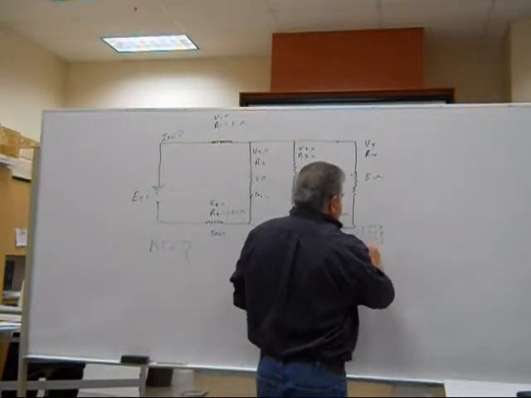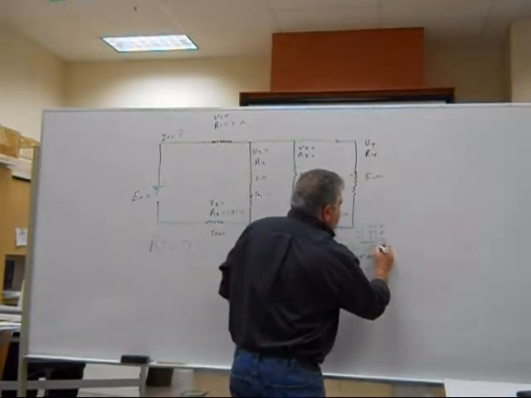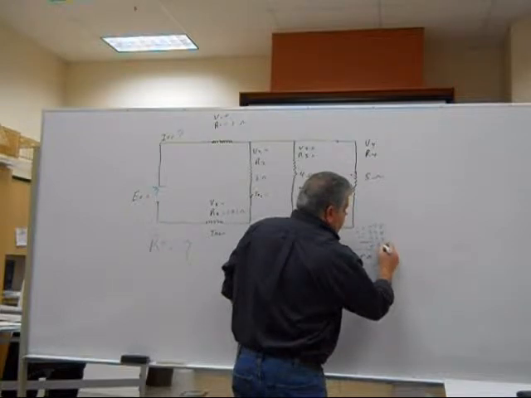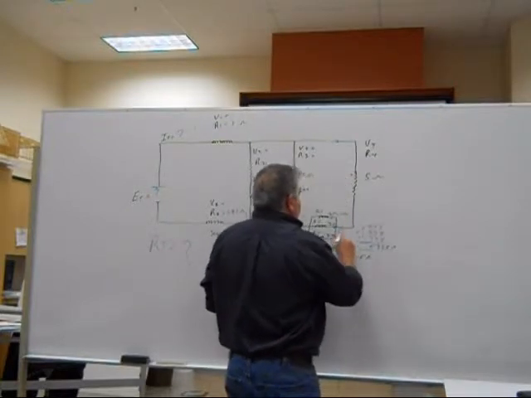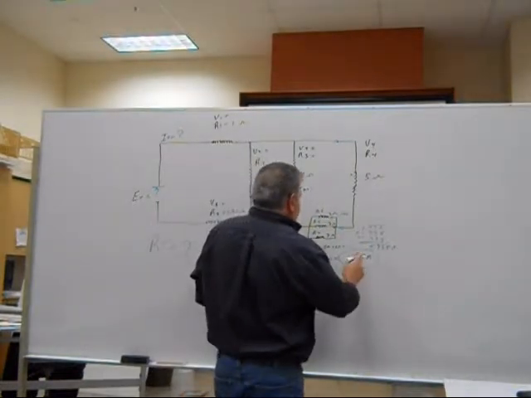Does anyone have a calculator there? 5.325 amps. So we have 5.325 amps flowing there.